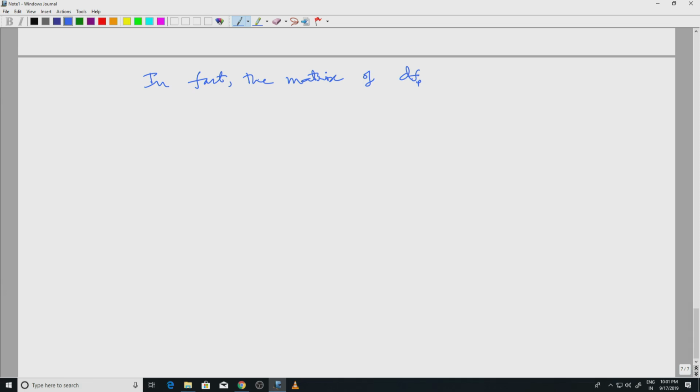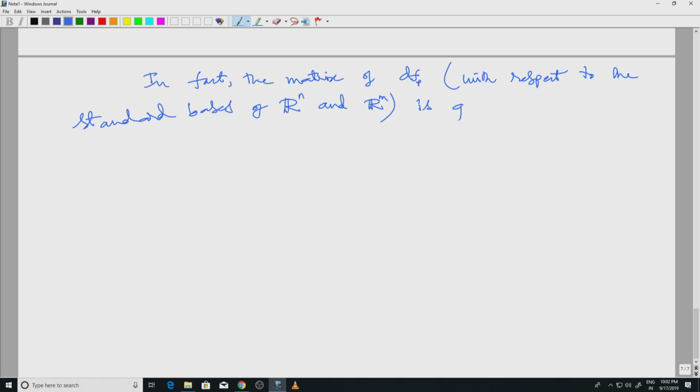So in fact the matrix of df at P with respect to the standard basis of Rn and Rm is given by, so I'll use these square brackets to denote the matrix of this linear transformation.